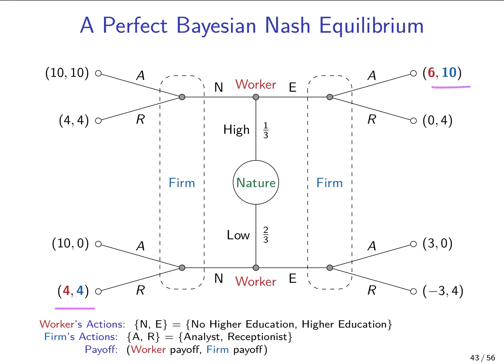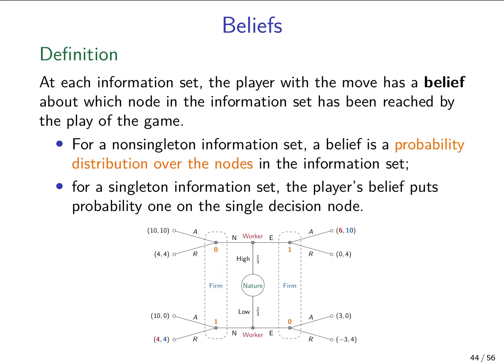The low type worker would choose to not have education, and the firm, after observing that there's no education, would choose to hire the worker as a receptionist, and the high type worker would choose to have education, and observing that the worker has education, the firm would choose to hire the worker as an analyst. This is a perfect Bayesian Nash equilibrium because the belief and strategy profile satisfy sequential rationality and Bayesian consistency. What is that?